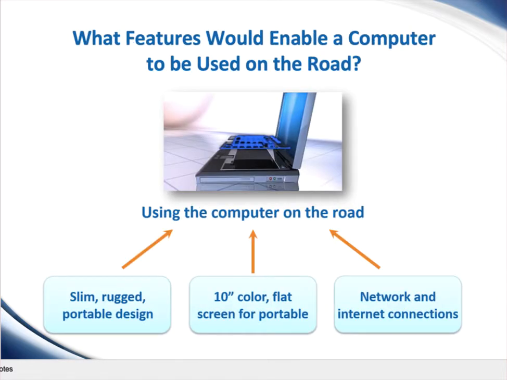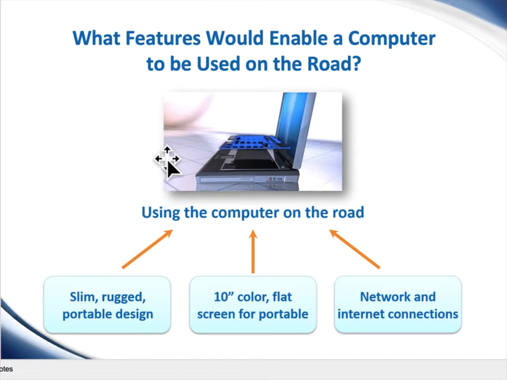So for example, would it be a slim and rugged portable design because of the bumps that one receives while traveling? Should it be a flat screen, 10 inches, color?